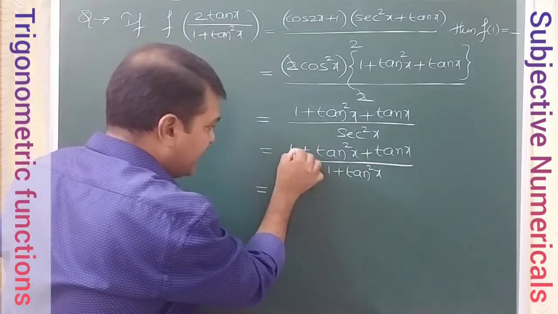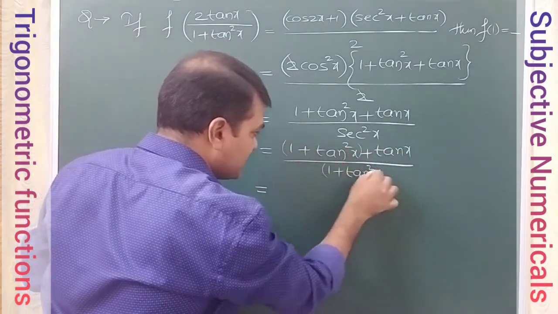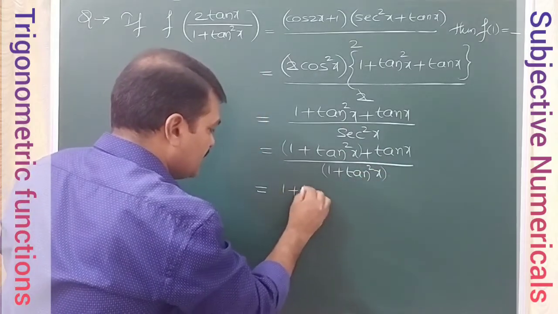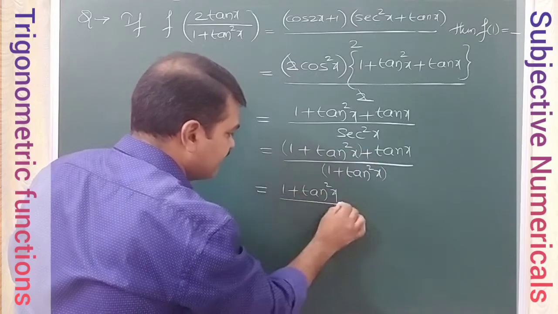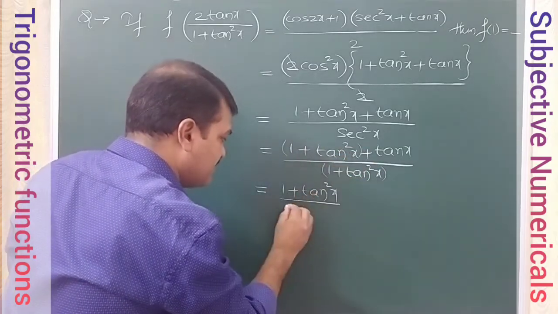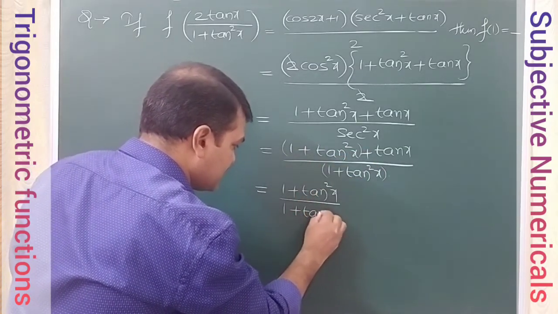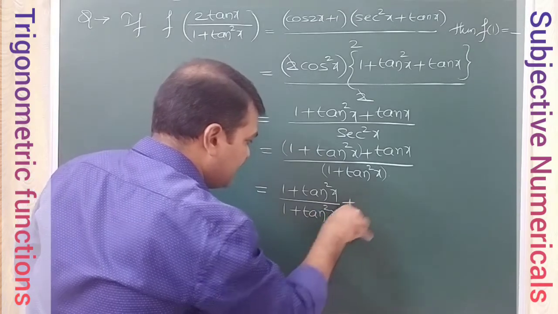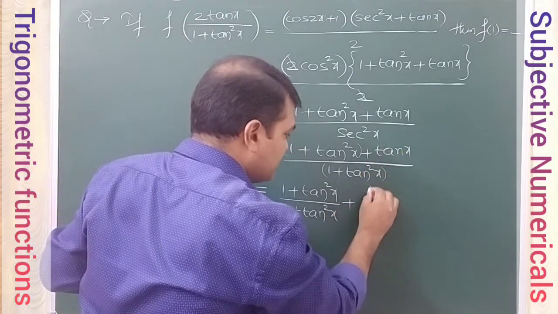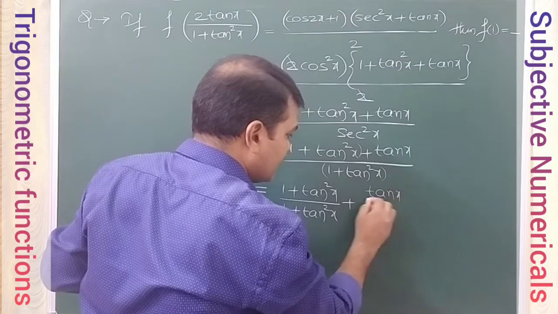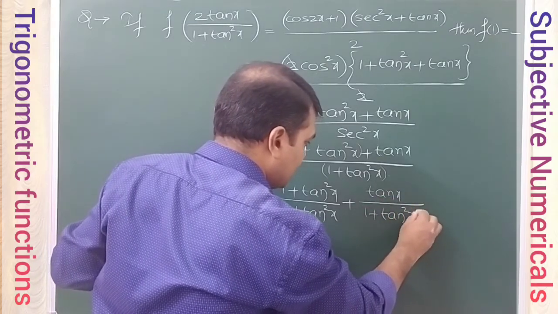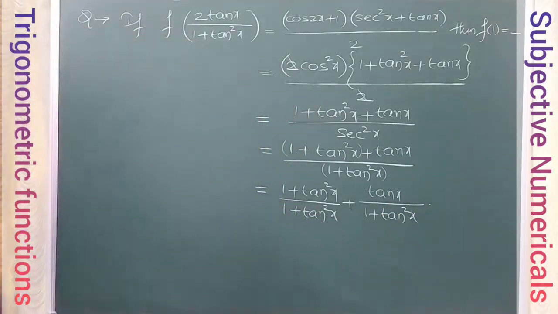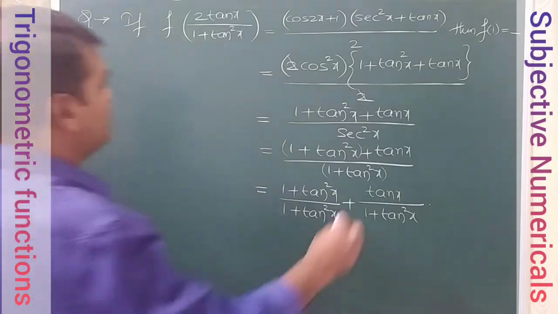Now I will separate this 1 plus tan square x part. So I am separating the two terms like this: (1 plus tan square x) by (1 plus tan square x), plus tan x by (1 plus tan square x). Okay, there is a small correction.